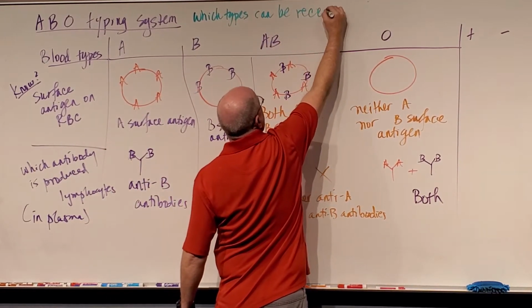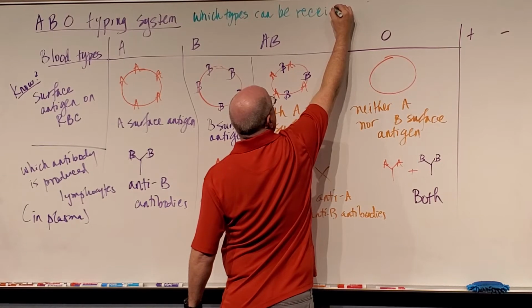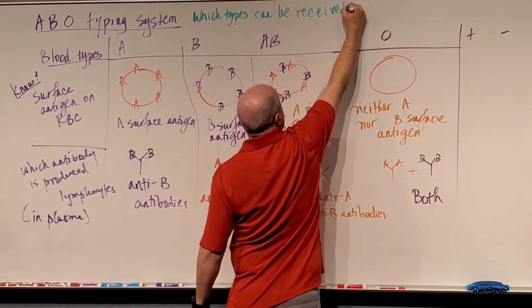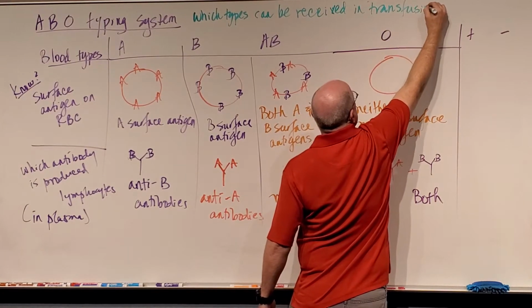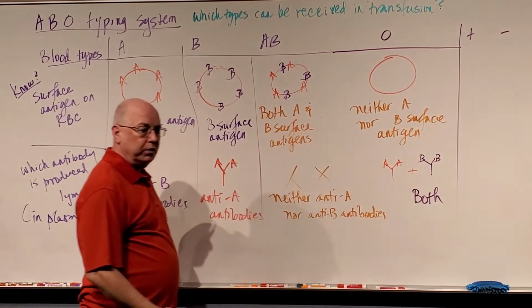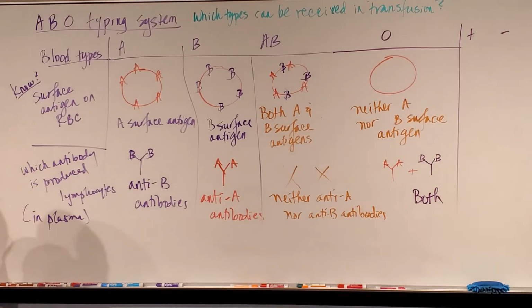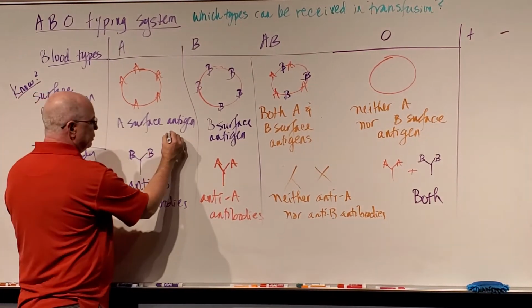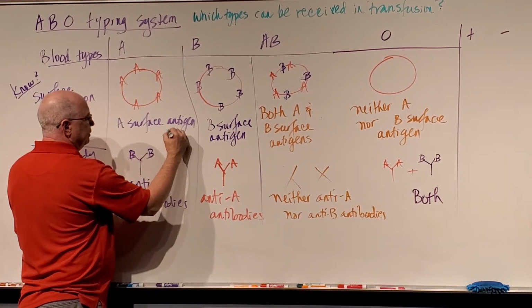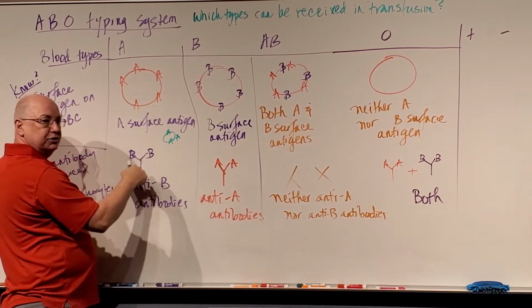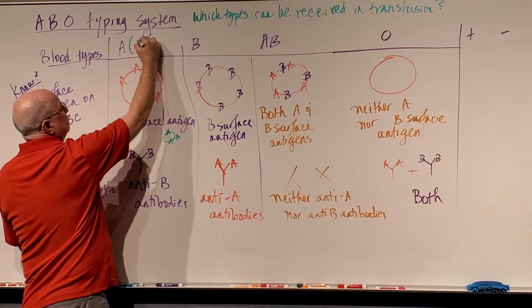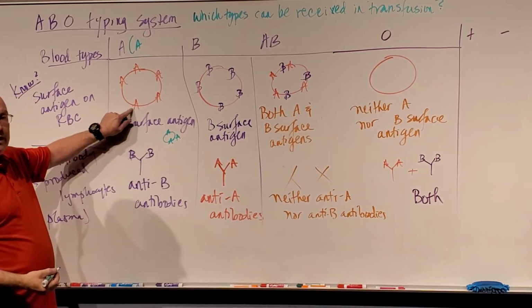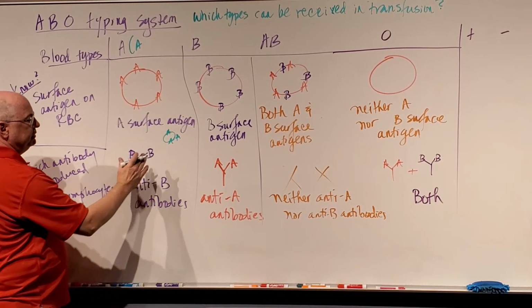If you were to get a blood transfusion, well, if I took someone's blood cells that had little A's on their surface from somebody else, could I put that into this person's plasma? And the answer is yes. You can always receive the same blood type because you cannot have antibodies against your own red blood cells.